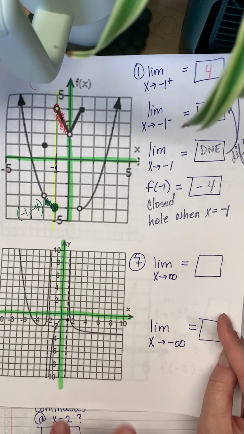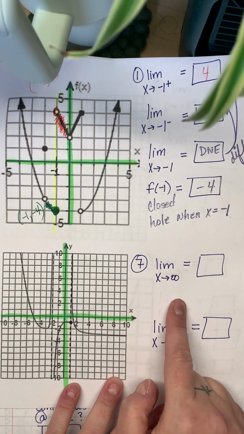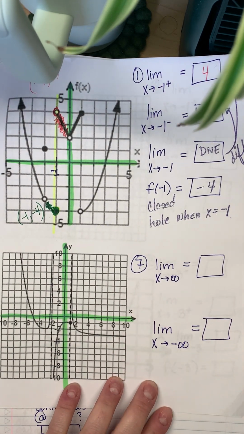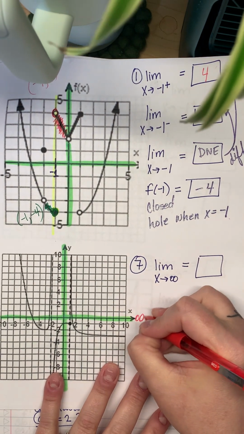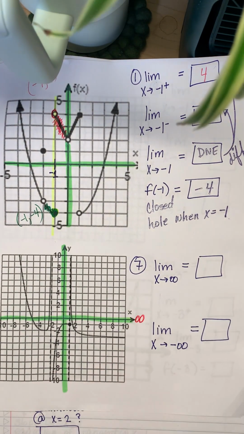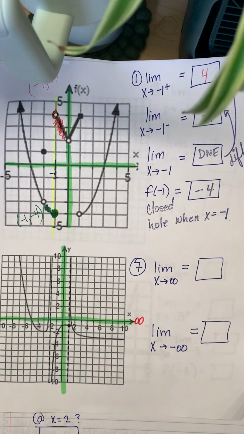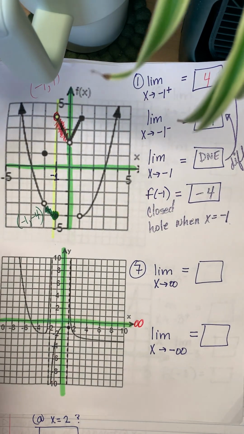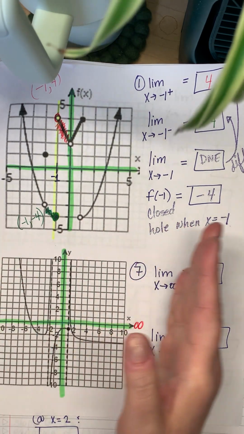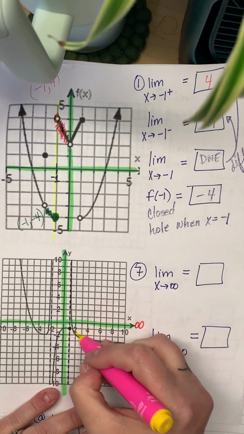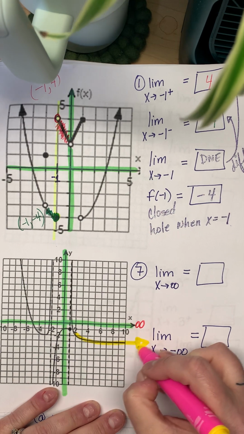7 is a picture, and it says the limit as x approaches infinity. Well, first let's find infinity on the x. It's right here. And it's saying as we look closer and closer to when x is infinity, what is this curve doing?